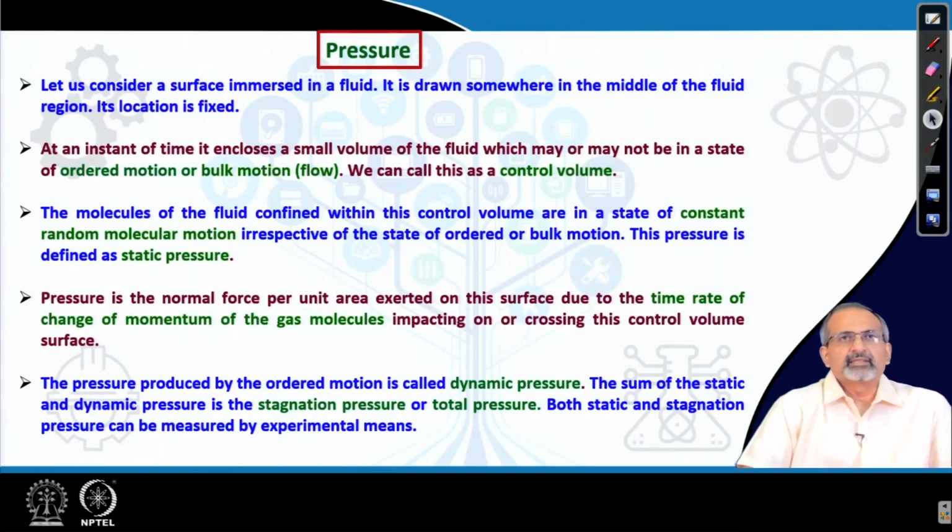So, let us consider a surface immersed in a fluid. It is drawn somewhere in the middle of a fluid region and its location is fixed. Okay?